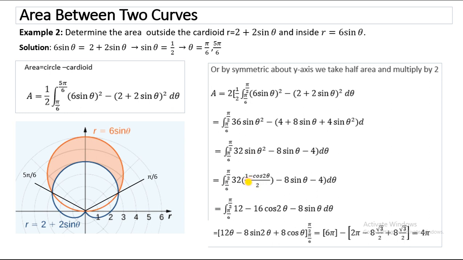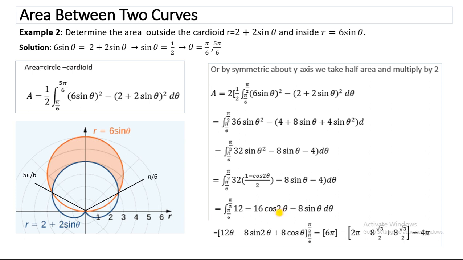So 32 multiplied by 1 minus cosine 2 theta over 2, minus 8 sine theta minus 4. 32 divided by 2 is 16, and 16 minus 4 is 12. So I have 12 minus 16 cosine 2 theta minus 8 sine theta. The integration of 12 d theta is 12 theta.